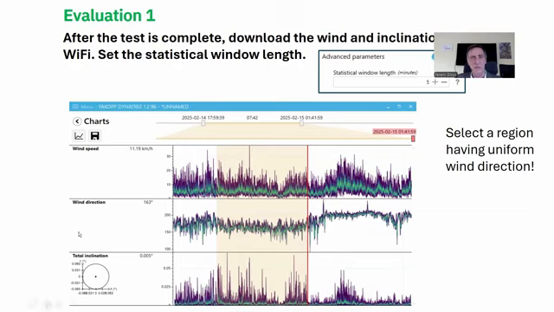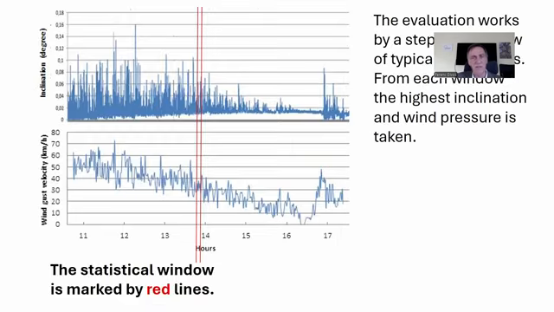In this graph, in the upper part you see the wind speed, the middle section indicates the wind direction, and at the bottom you see the inclination. The highlighted area here is the area which is taken into consideration in the evaluation. So we need to select the region. We need to separate this section from the section to the right, because the wind direction is different.